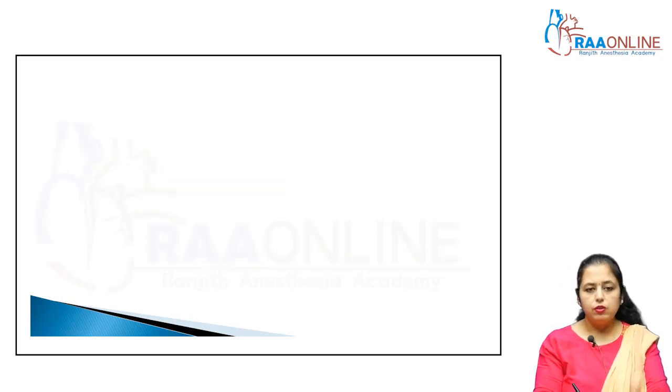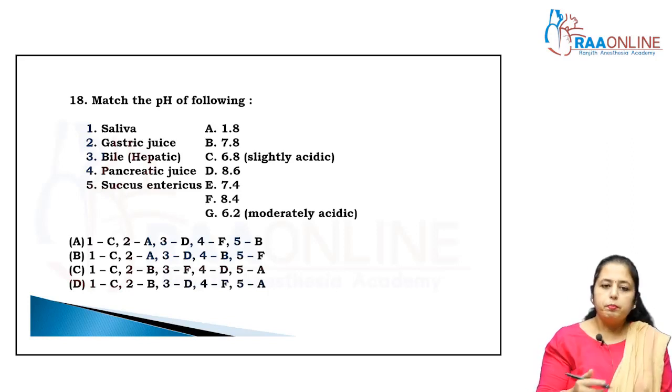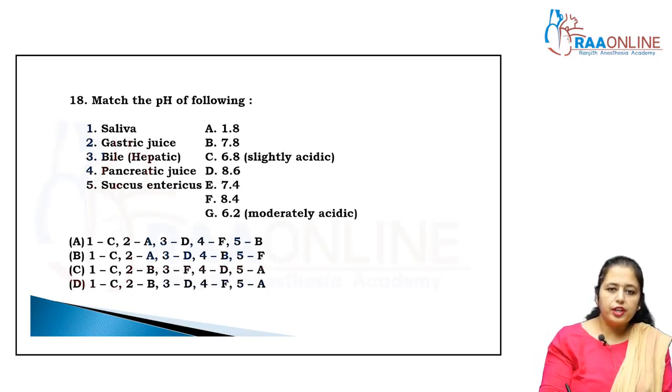Now come to the next question. The pH of saliva is 6.8, gastric juice 1.8, bile juice 8.6, pancreatic juice 8.4, and succus entericus 7.8.